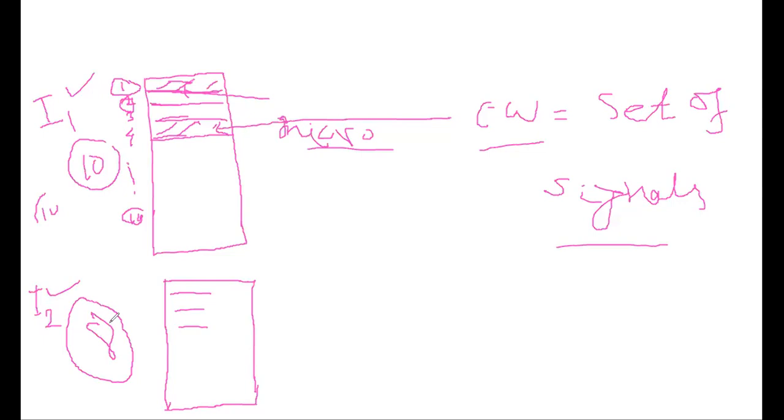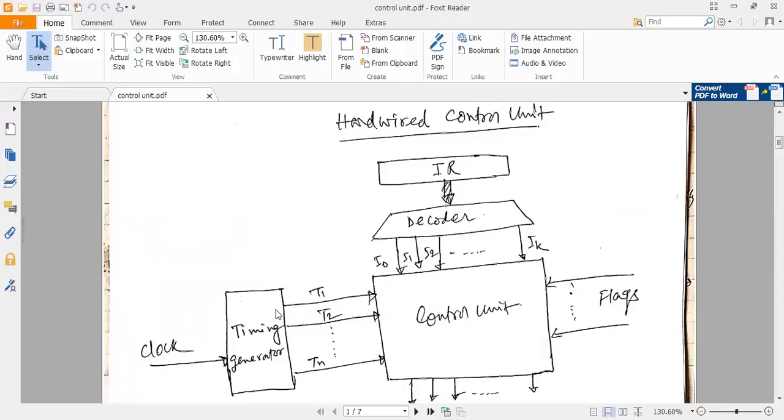So it will generate T1, T2, T3, T4, T5, T6, T7 and T8. So this timing generator generates the timing signals. How many timing signals are required depends upon the number of micro operations.